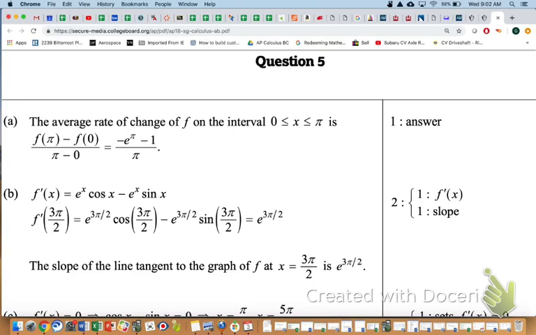And so rate of change, you could always think of as synonymous with slope. So the average slope of F would be a difference quotient. You can see it right there, and you get the answer to that.